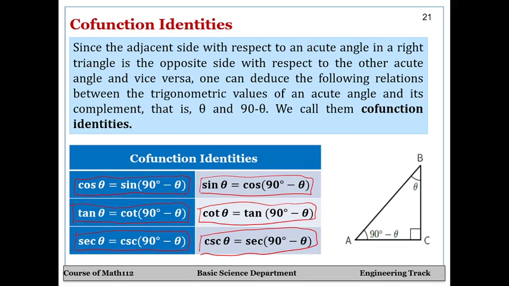Here we call them cofunction identities, because for these two angles, we have sine and cosine.